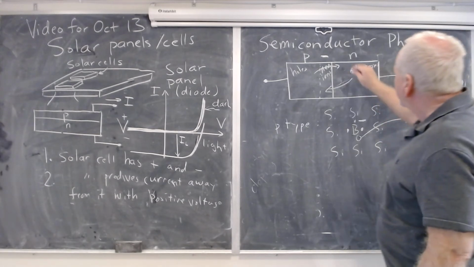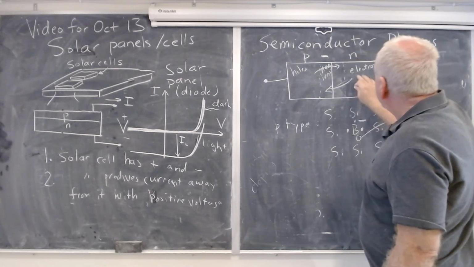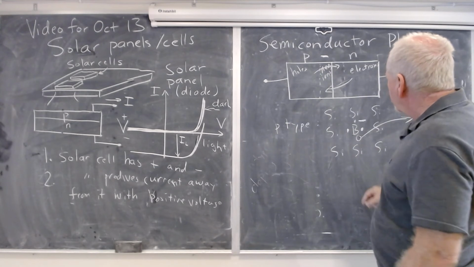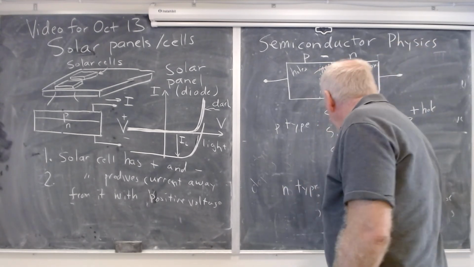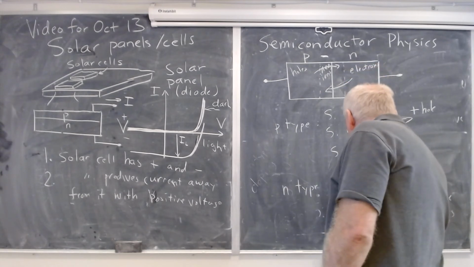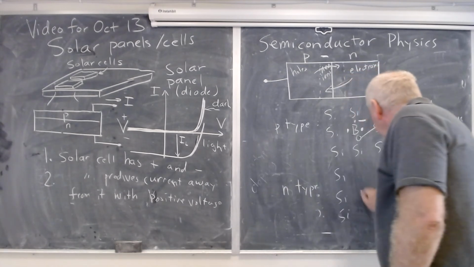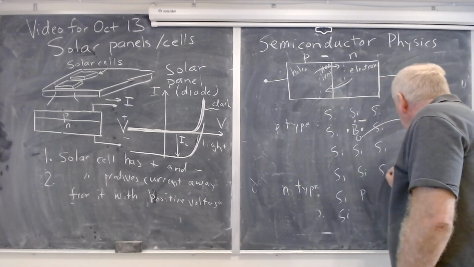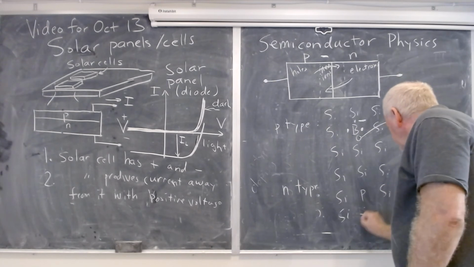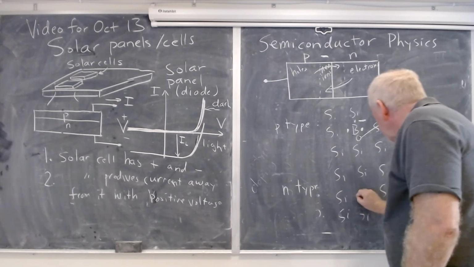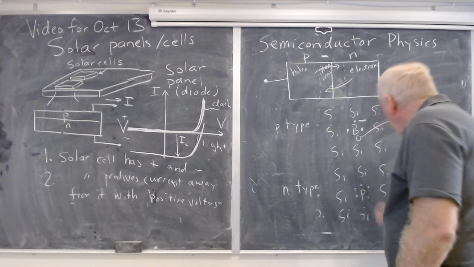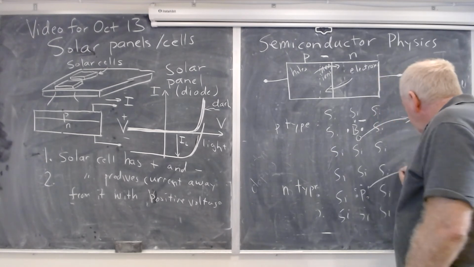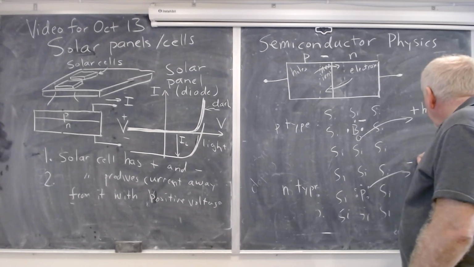Same thing for electrons. When these electrons leave, and that's maybe easier to see in the n-type: silicon, silicon, silicon, here's our phosphorus, silicon, silicon, silicon, silicon, silicon, and here's our phosphorus with its 5 electrons, and this one leaves a negative electron.